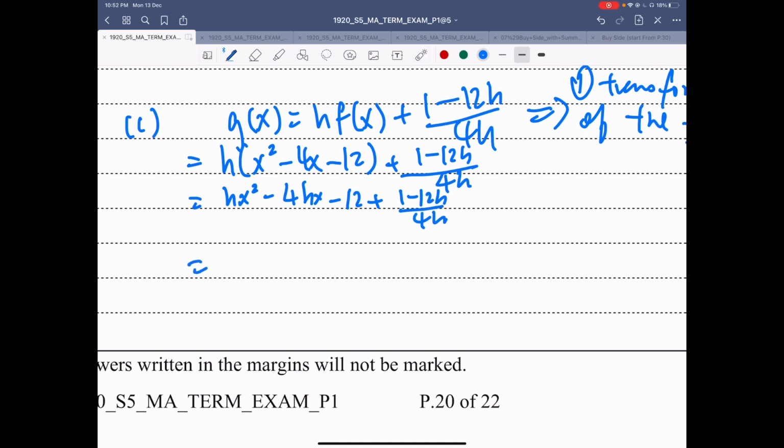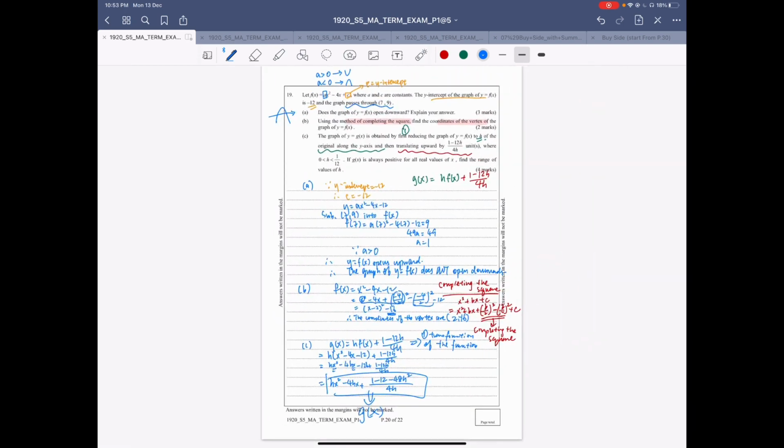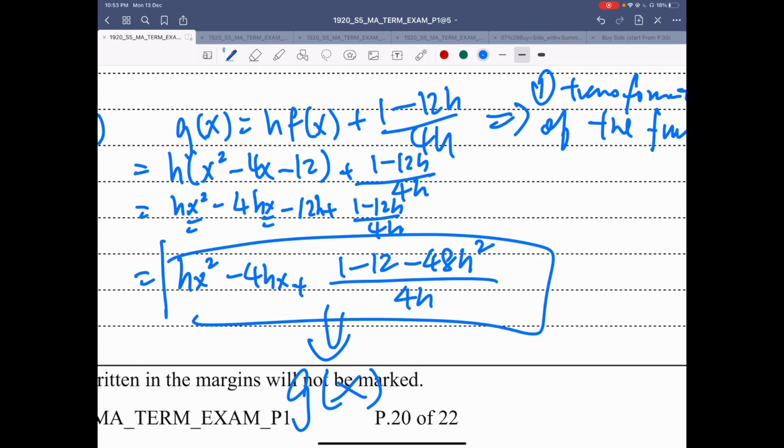For example, degree 2 here, degree 1 here, then the remaining constants. Let me use some manipulations: I can multiply this negative 12h by this 4h, which will be negative 48h squared, all right? This is g(x), okay?